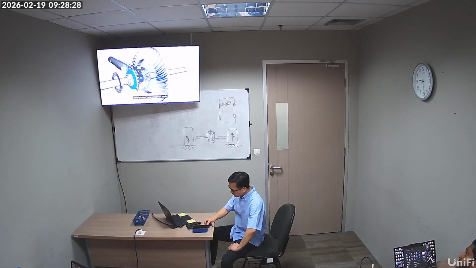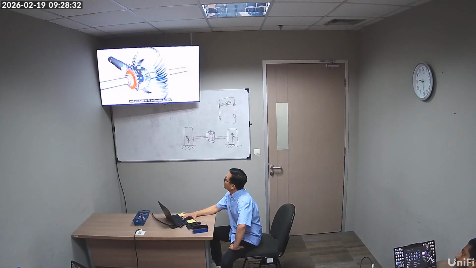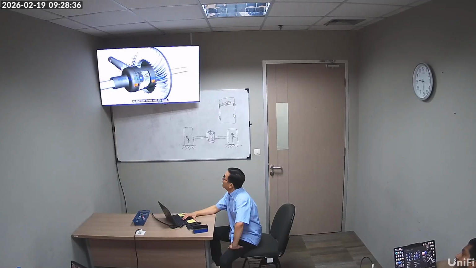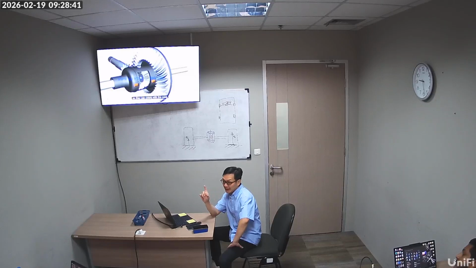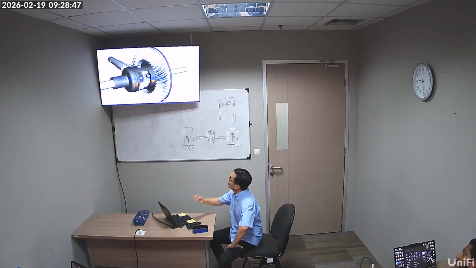Okay, notice the color. The blue one rotates with the axle. Again, this is a multi-plate clutch style, not a single plate. The steel plates are having external tabs and are made to fit in the case groove, so they can rotate with the case. Okay, so orange rotates with the case, the blue rotates with the axles, and the case is on the outside.